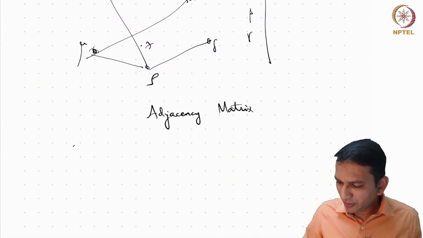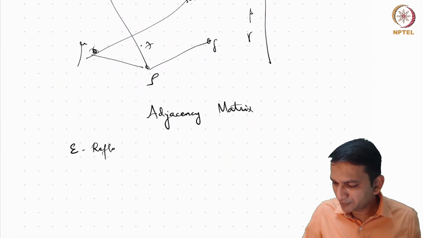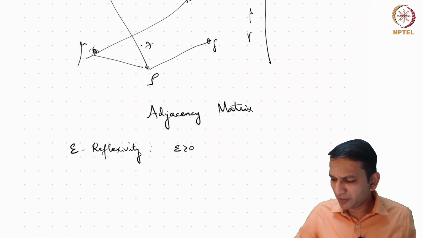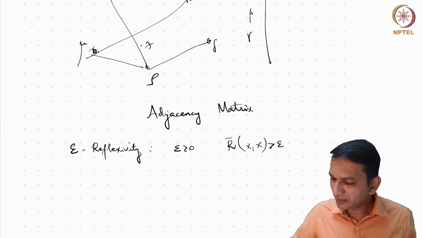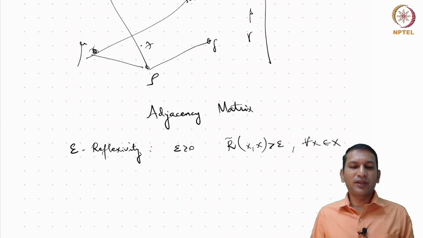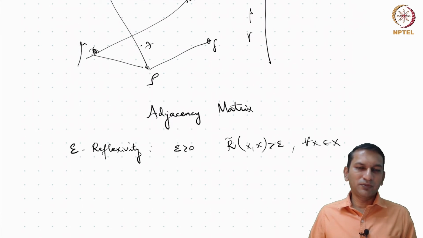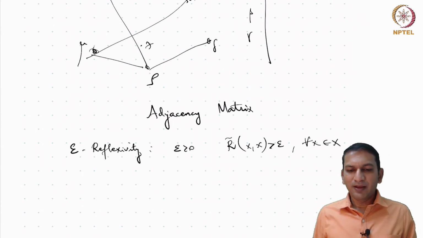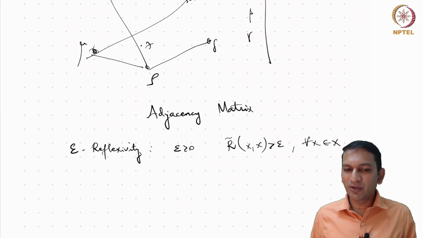It is called epsilon reflexivity. So fix an epsilon greater than 0, arbitrarily small, and say that R tilde is reflexive if R(x,x) is greater than epsilon for all x in X. Now, if R(x,x) is greater than 0 for every x, and assuming that X is finite, we could always find an epsilon, which is the minimum over all such possible pairs, and then call that the epsilon, and it becomes epsilon reflexive.